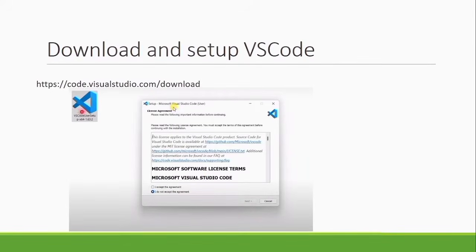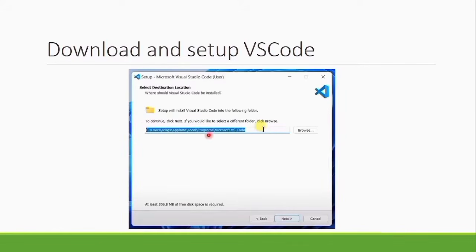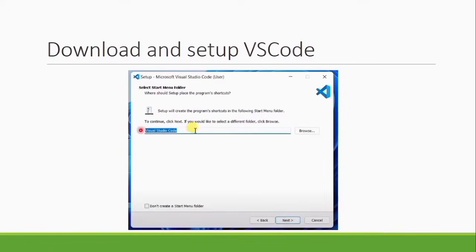Once you double click on that file, you will see a window like this. Click on I accept the agreement, then click on next. Then you will see a screen with the folder where it is going to store the VS Code editor. Just click on next. If you want to change the folder, you can click on browse and select that folder. For the time being, let it be as it is. Click on next.